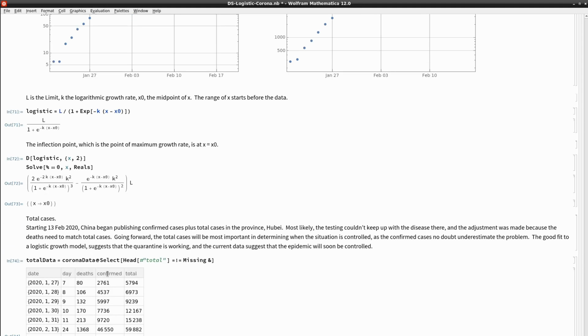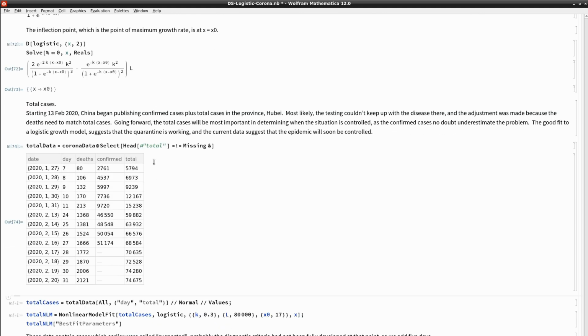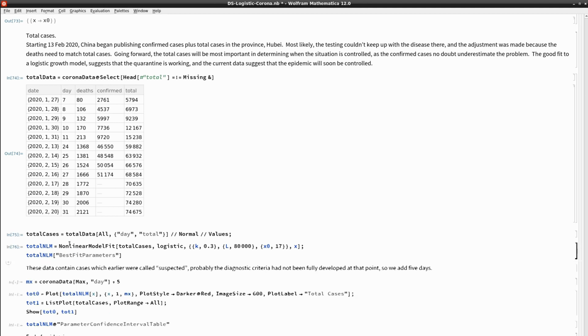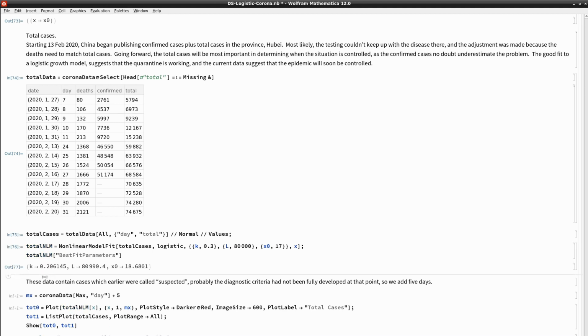So let's look at this, first at the raw data. We're looking at the total data where we are not having missing data, and let's define this properly so that we can do a nonlinear model fit, and we're getting a fitting solution that has K as 0.20, we have L as about 81,000, and the midpoint is about day 18 or day 19.